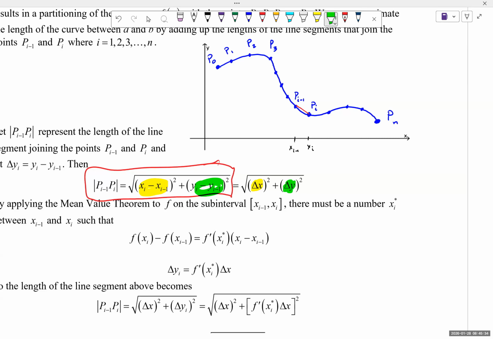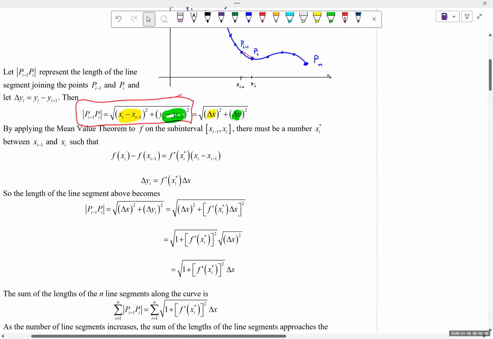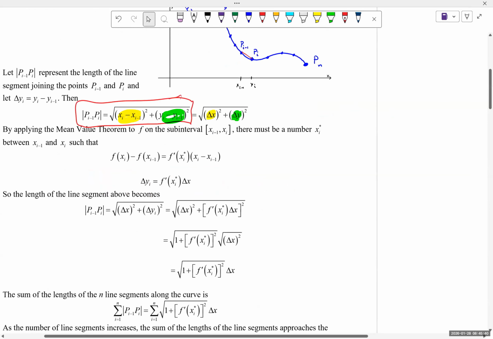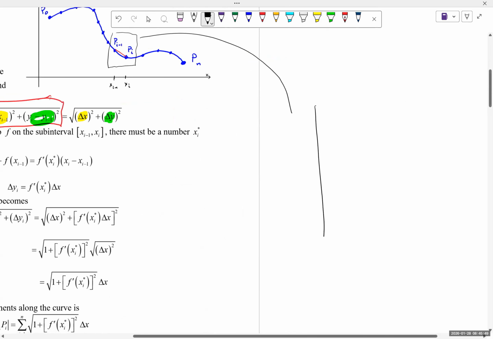Okay, so check this out. It's not as bad as it may at first appear. If you remember back from last semester, I'm gonna zoom way in on this little bit here. I'm gonna zoom in, and it looks something like, kind of exaggerated, maybe like this.